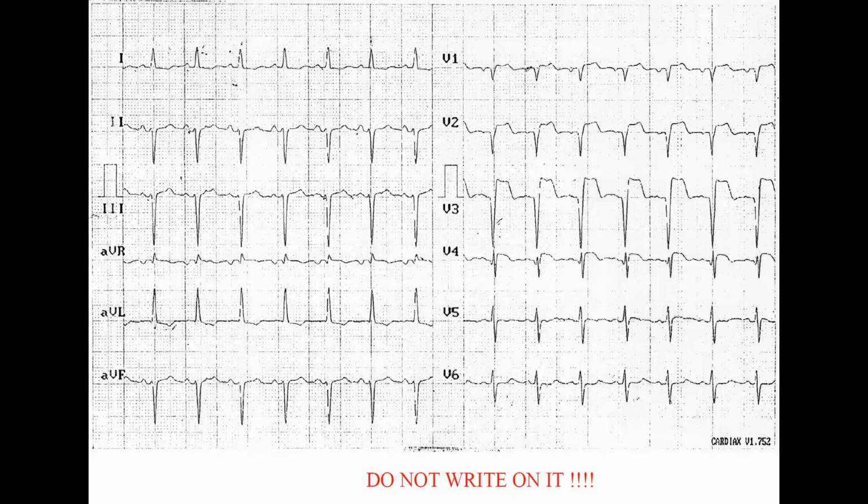Okay, so let's look at the rhythmicity first. It appears to be rhythmic, and I think the heart rate is a little bit less than 100. You can go for 100. So it's a normal heart rate, and I can see P waves in front of every QRS, and every QRS is followed by a P wave.